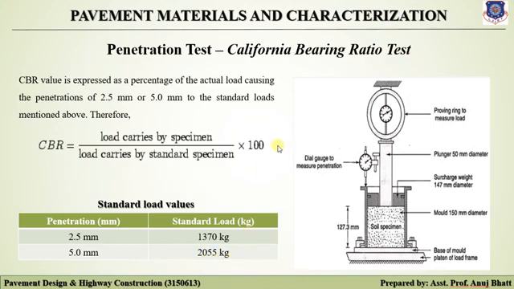So this is what we are performing penetration test, which is known as a CBR test, and this is the value of CBR. Next we will see how we can obtain CBR value from load penetration curve. Thank you.